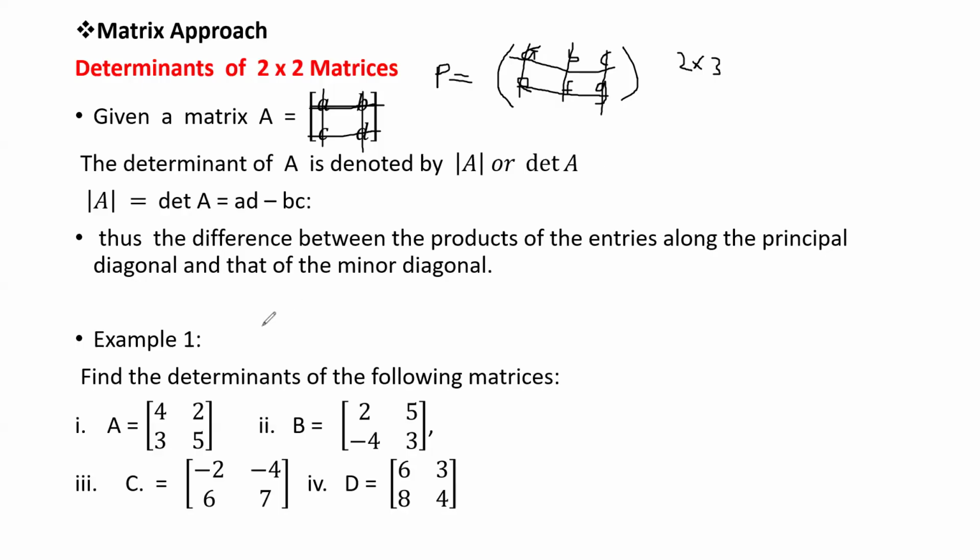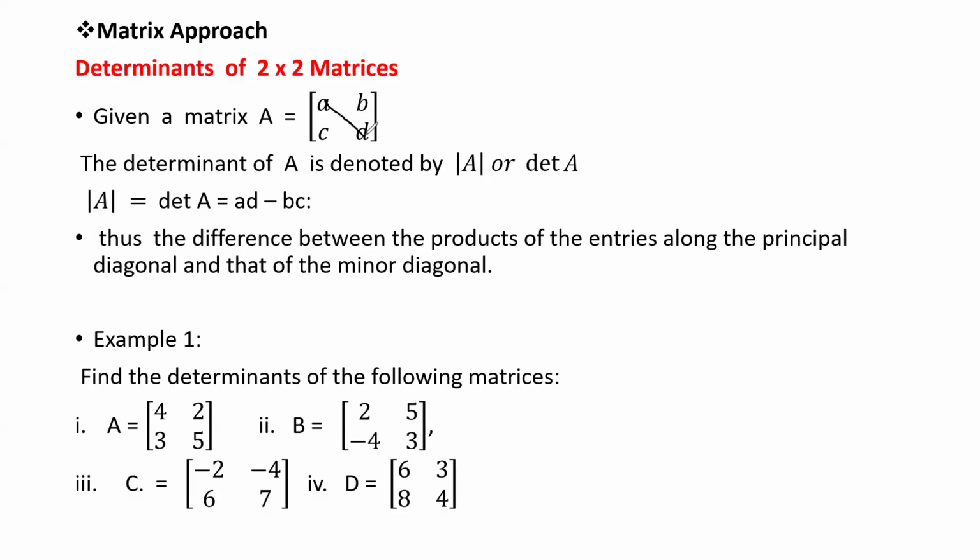Good. Now, if I have a matrix and I want to find the determinant, we give a value to it, called the determinant. Now, if I want to find the determinant of a square matrix, 2 by 2, let me rub this so that it becomes clearer. If I want to find the determinant of this matrix A, you can use this symbol, like a magnitude sign. Here we call it the determinant, or I can write det A. Now, A is saying that you multiply A by D, that's across the diagonal.